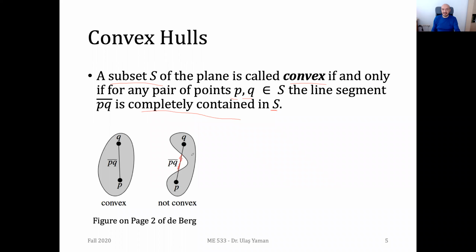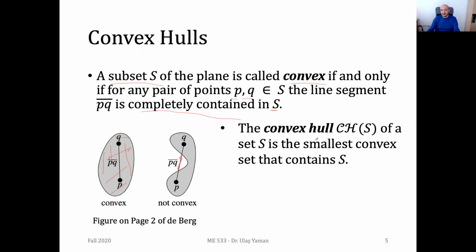So I can say that this is not convex, but any line inside this convex shape is always inside the subset S. So we can say that it's a convex shape. The convex hull we represent with CH of S. The convex hull of a set S is the smallest convex set that contains S. Yes, we can draw such a shape, and it's still convex and still containing the set.